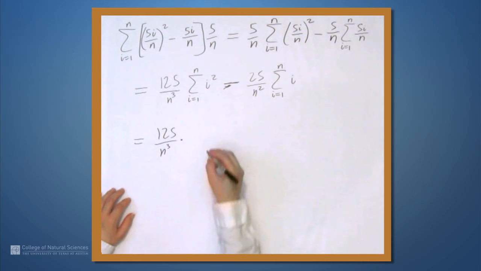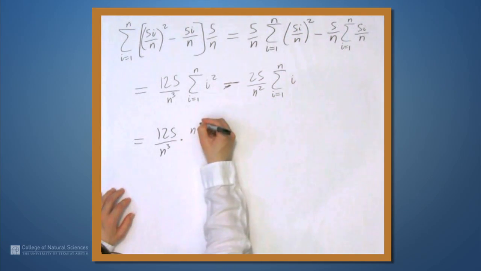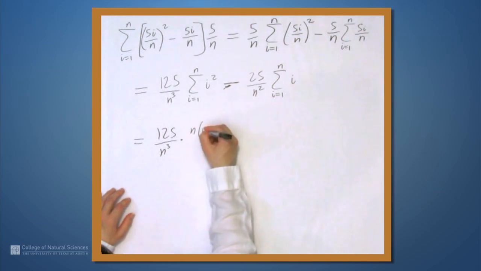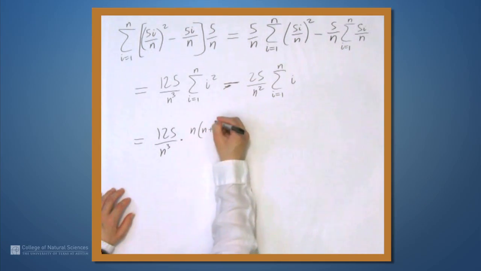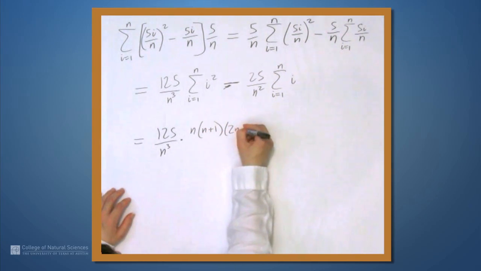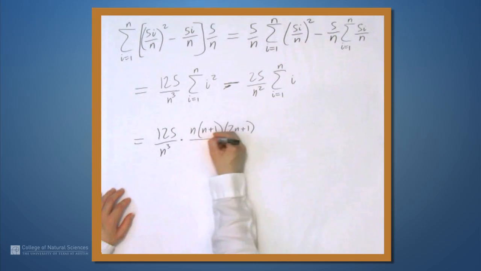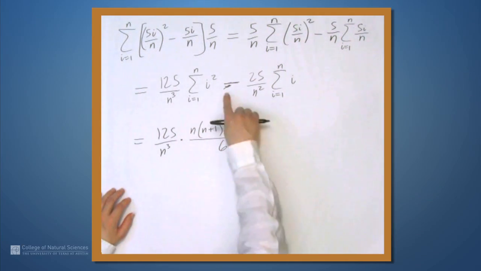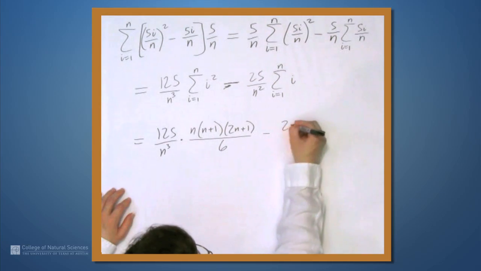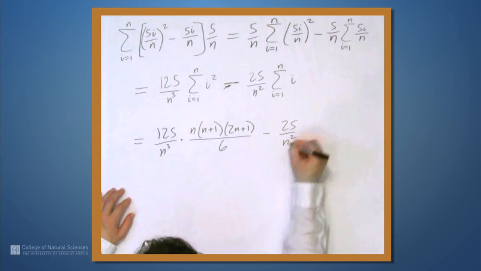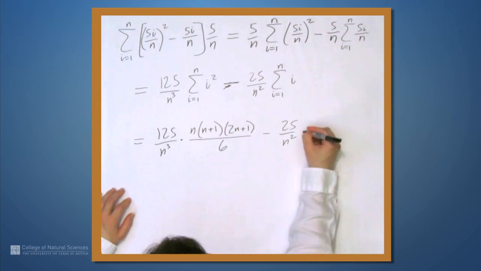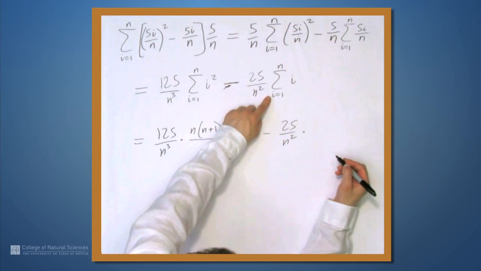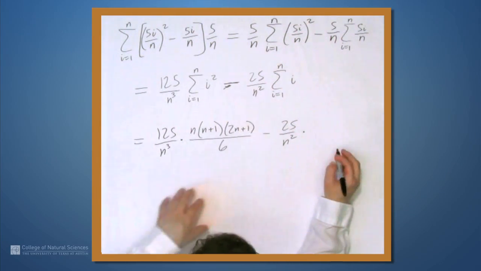We'll use the formula now that says this summation is equal to n times n plus 1 times 2n plus 1 all over 6. Now, minus 25 over n squared times, now we'll substitute the formula for the sum from i equals 1 to n of i.